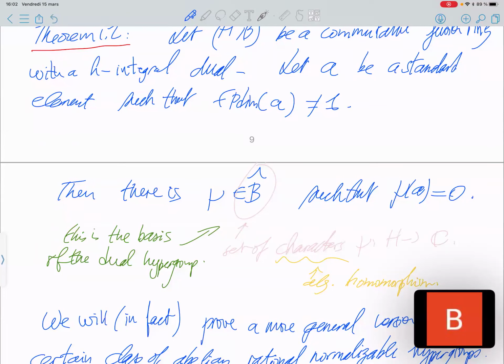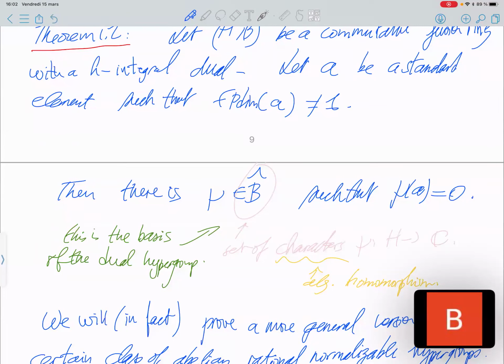Here it was defined at the level of fusion ring, so we just had to consider Frobenius-Perron dimension equal to 1. But at the level of hypergroup, we don't use it like that.